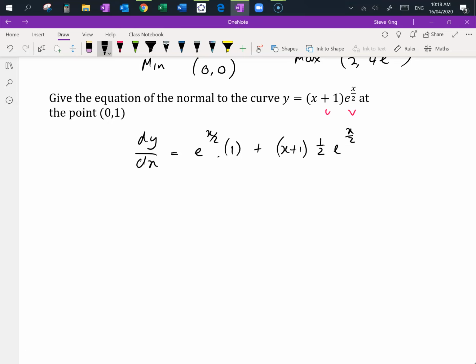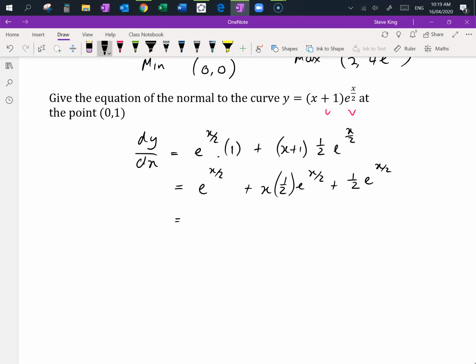And if I tidy that up, I'm going to get e to the x over 2 plus x times by a half e to the x over 2, and then I'm also going to have another half e to the x over 2.